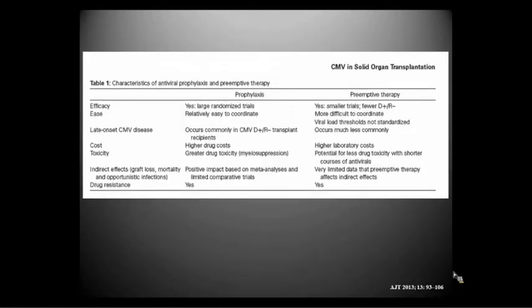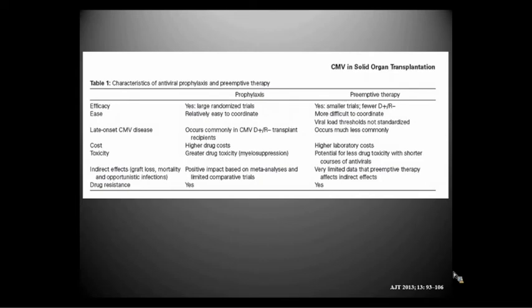So our usual approach is universal prophylaxis, and then that's followed by preemptive therapy. This is a bit of a debate in the transplant world, and as time goes on, you may actually see things change. A lot of people say that we should not be doing prophylaxis and should be doing preemptive therapy from the get-go.